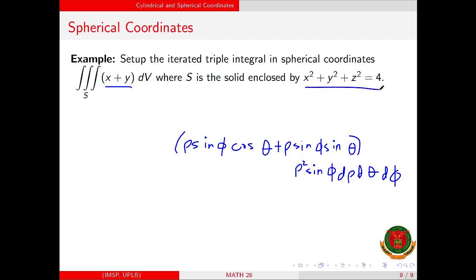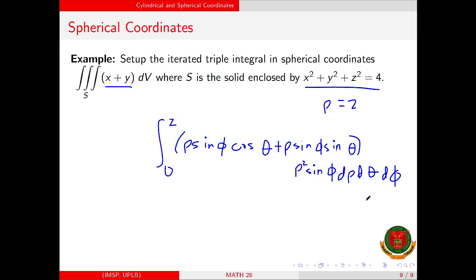X squared plus y squared plus z squared equals 4. Writing this in spherical coordinate system, that will be rho equals 2. That will determine the bounds for rho. That will be 0 to 2.